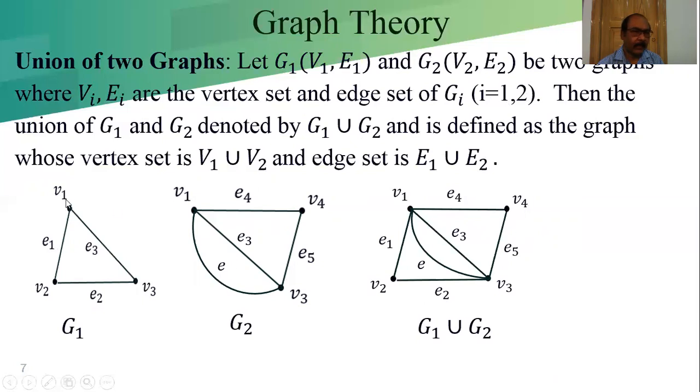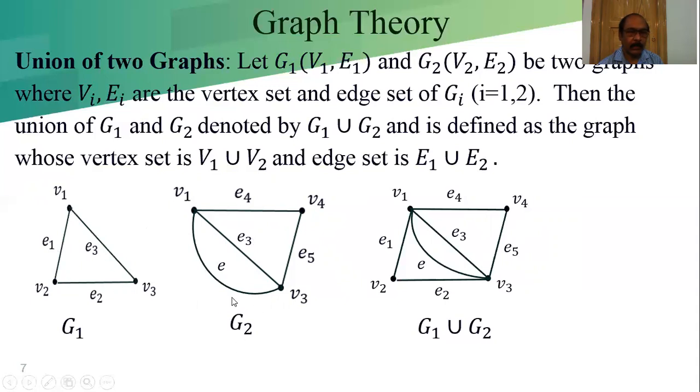If we check here, this is one graph G1 and this is another graph G2. V1 and V3 are common to these two graphs. E is not common.